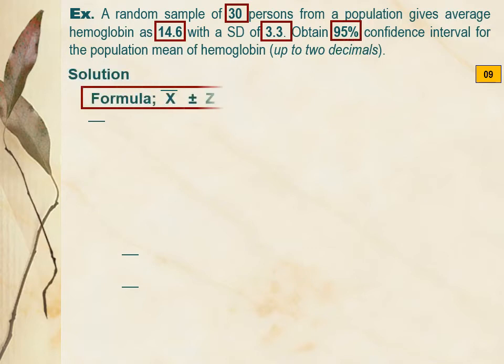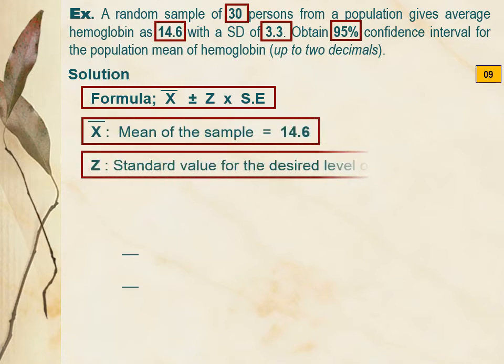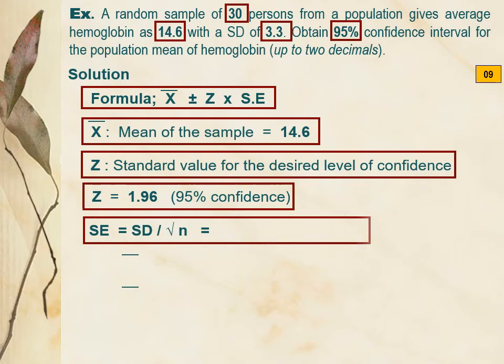The formula you know for confidence interval for population mean is X bar plus minus Z into SE. X bar is given to you as 14.6, Z because 95%, the value of Z will be 1.96. SE you know is SD over under root N, SD is 3.3 over under root 30, and you will get the value of SE. Substitute the value in the formula, you will get lower limit and upper limit both.